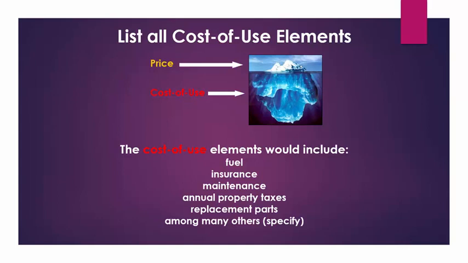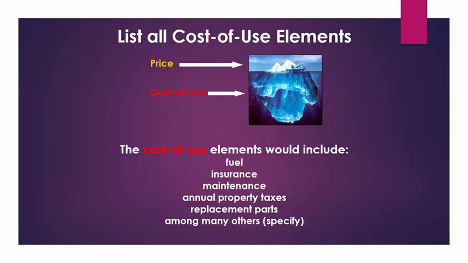This comes from operations, where they use the expression total cost of ownership iceberg, and it basically relates to an iceberg. If you saw the movie Titanic or have read about icebergs, you know that anywhere from a quarter to a third of the iceberg is above the surface, whereas two-thirds to three-quarters is actually below the surface.